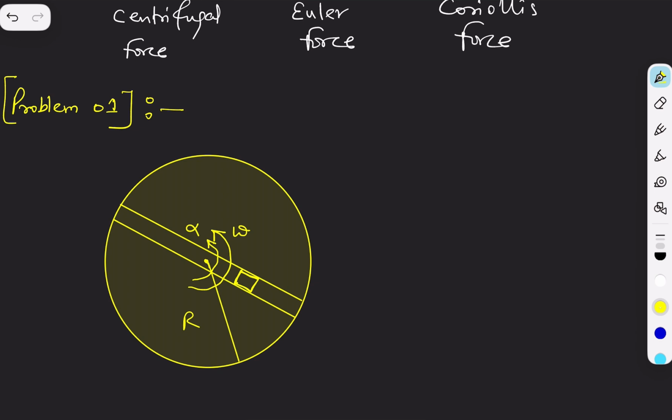It has been observed that the particle is moving with velocity v with respect to the groove. The velocity with respect to the groove, remember, is v. So if we are sitting in the groove, we will see the velocity as v. This is given to you.